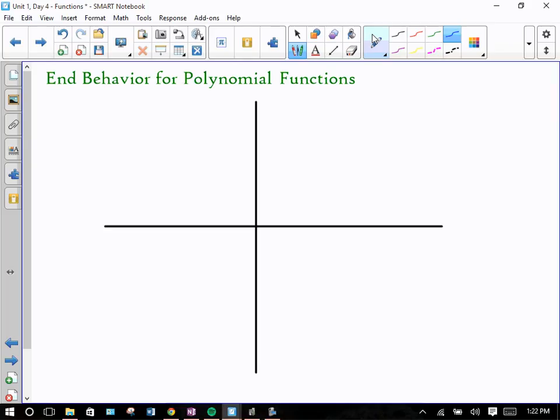Okay? So, you have a couple options. And again, it's all based on the degree and leading coefficient. If your degree is even, and your leading coefficient is positive, your graph will look something like this.